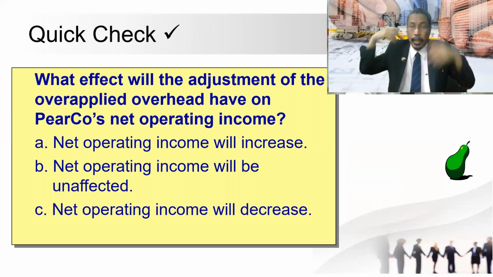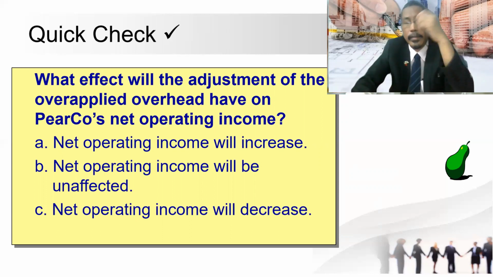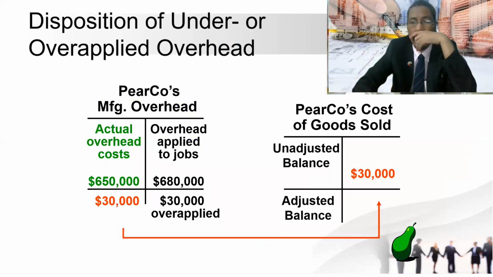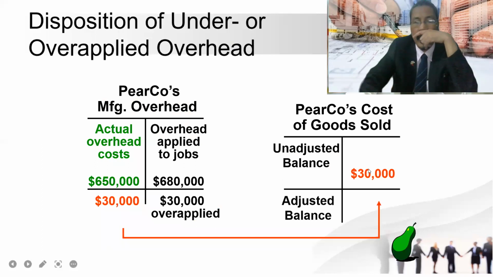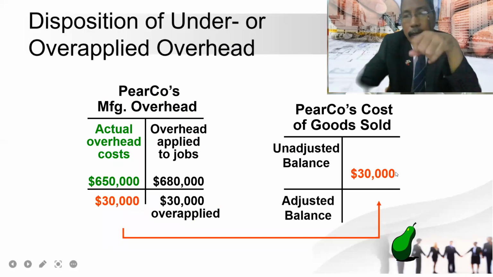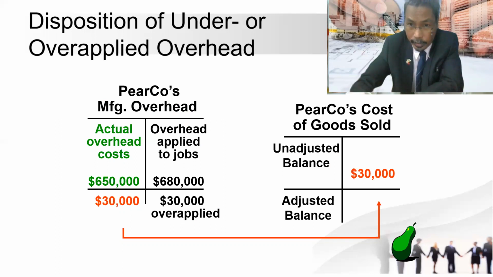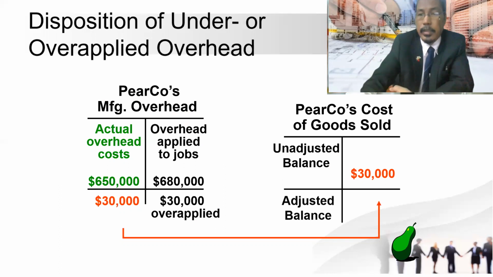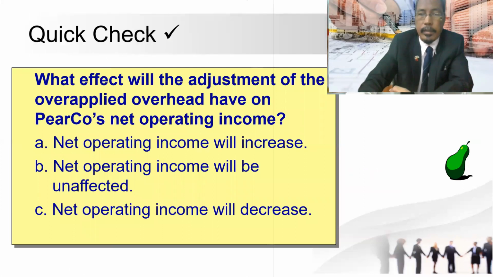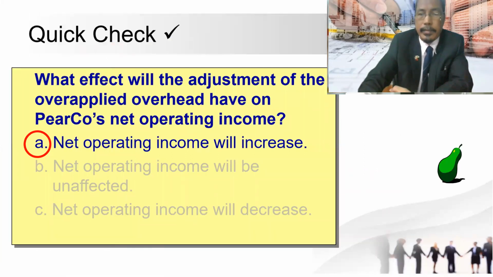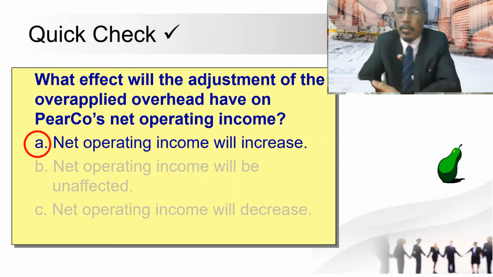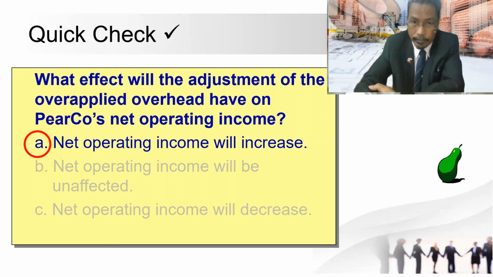Over-applied, so cost of goods sold is decreased by 30,000. So our operating income will increase because the cost of goods sold is decreased. Therefore we will have an increased income, and by how much? $30,000 will increase.